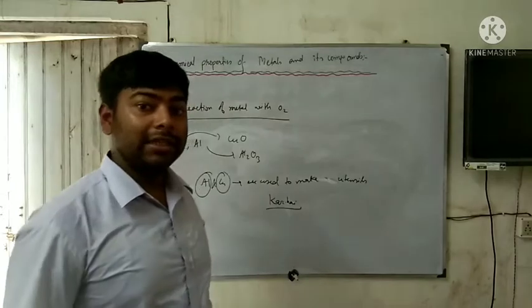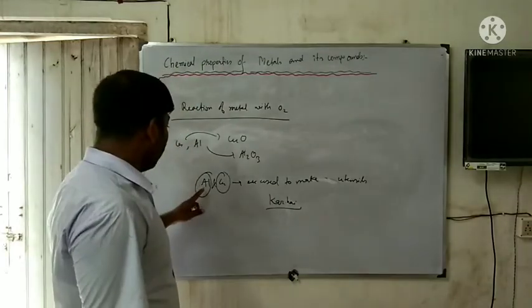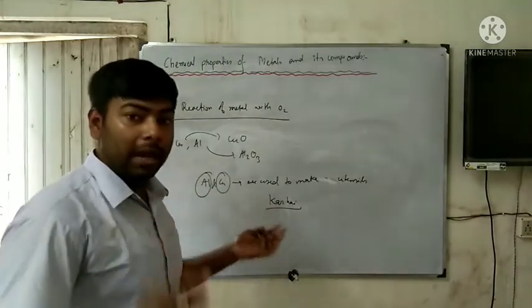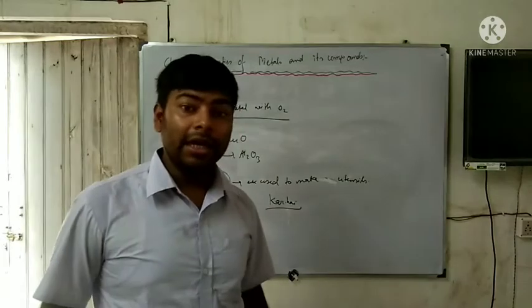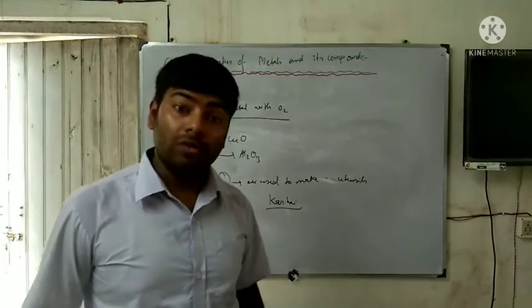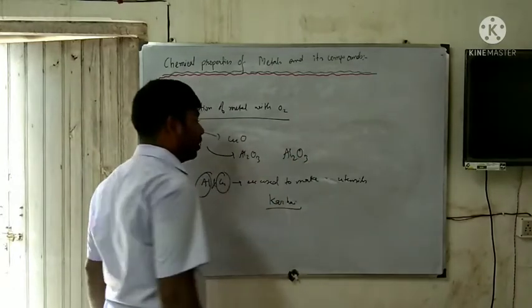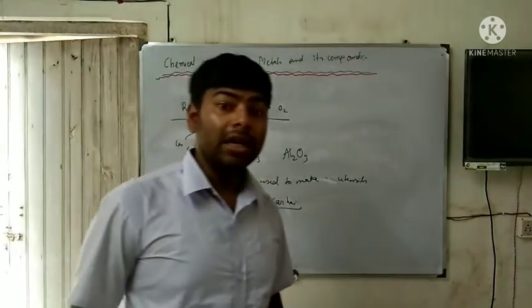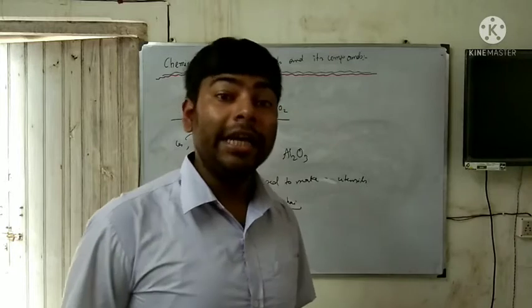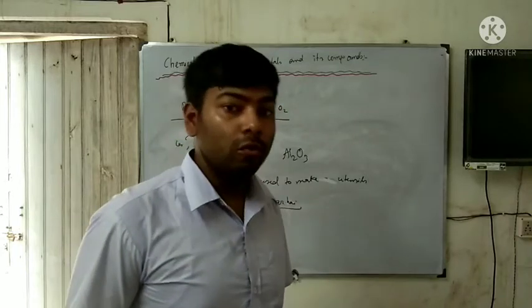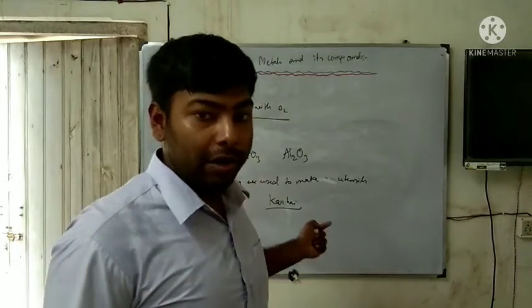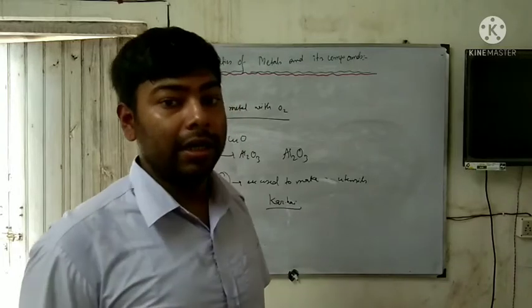The answer is, suppose aluminum is the reactive metal. Whenever it reacts with the oxygen, it produces aluminum oxide, which is inert in nature and not reactive with our food. So we can prepare our utensils with the help of aluminum metal.